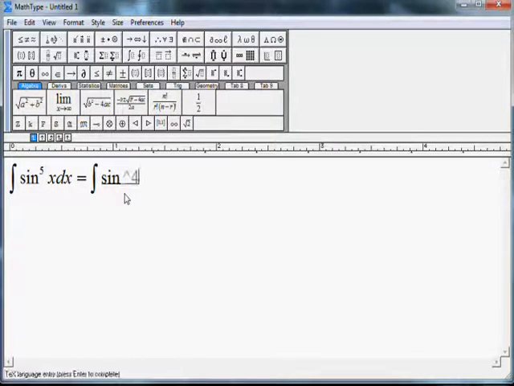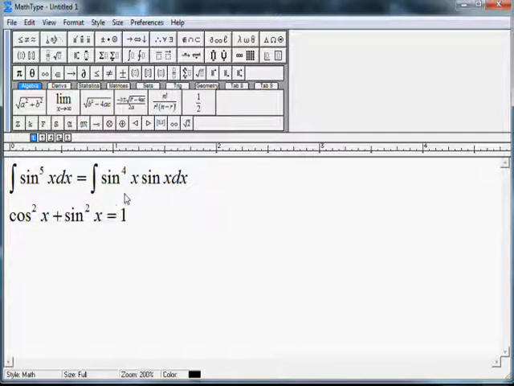This will become sine to the fourth x times sine of x dx, because we just pull a sine out. I'm going to write the Pythagorean identity real quick: cosine squared x plus sine squared x equals 1. That's what we're going to be using here. So if we solve for sine squared, it equals 1 minus cosine squared x.